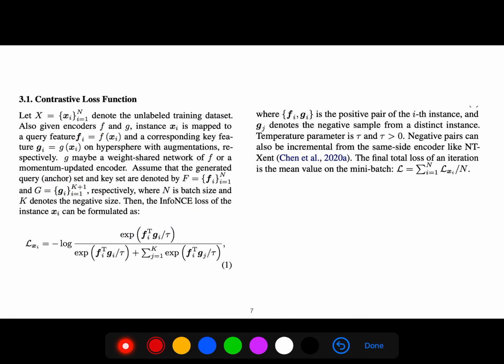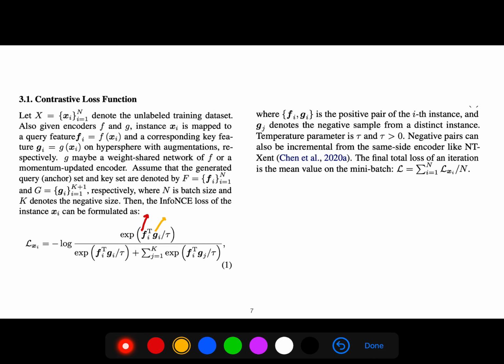So let X denote the unlabeled training dataset. Also, given encoders F and G, instance x_i is mapped to a query feature. So this is your query feature, f_i. And you have a key feature, g, on the hypersphere with augmentations.